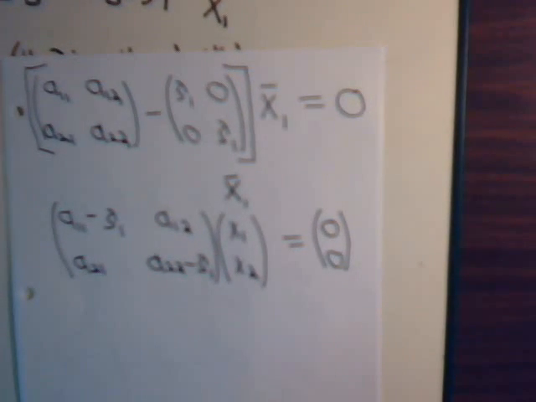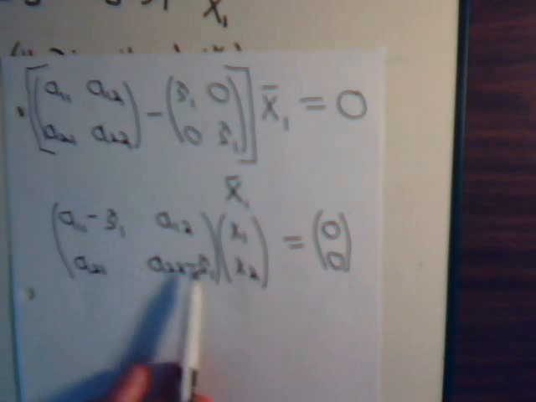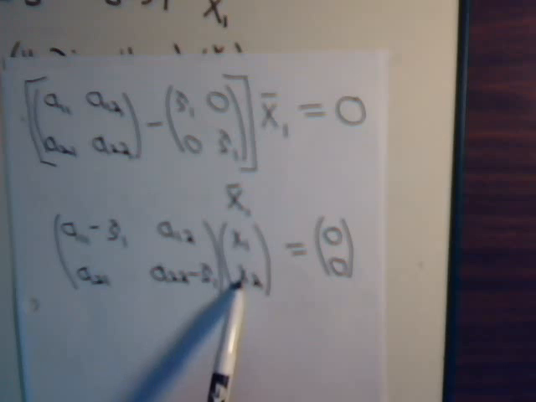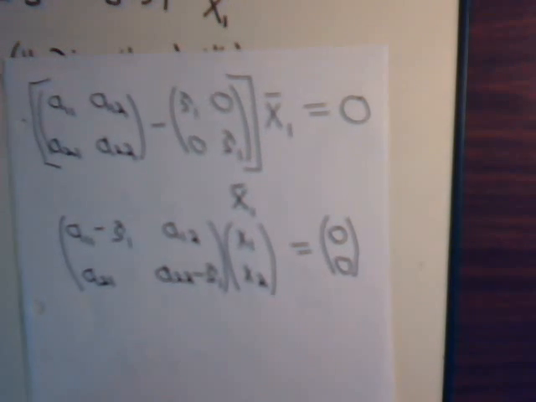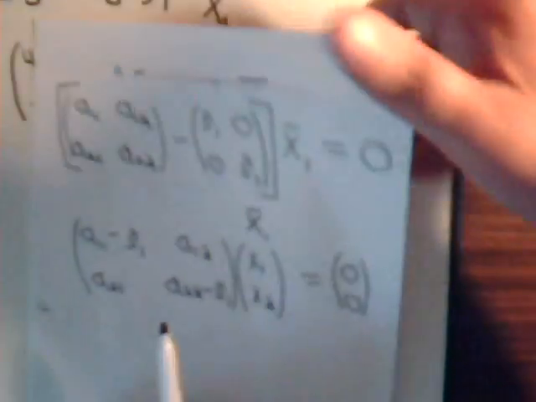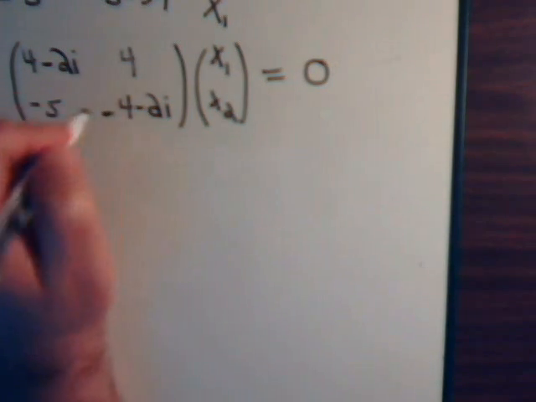Remember, we had this equation. This is where we're at right now, except we plugged in specific values for lambda, and we have the components now of the eigenvector that equals 0. The reason why it equals 0 is because of what we did previously. So we want to solve this now for x1 and x2.